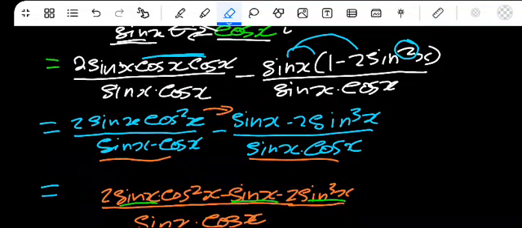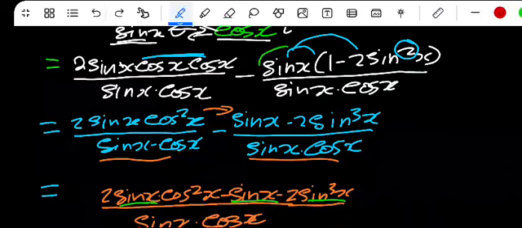Remember, I distributed the minus. Sorry about that, I must be very careful. Negative sine distributed here must give positive, and negative times negative will be positive.